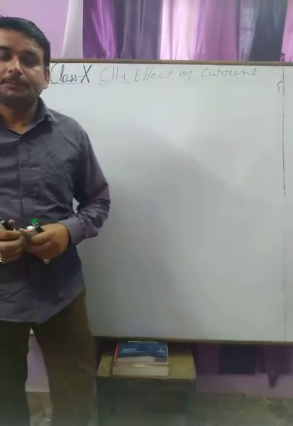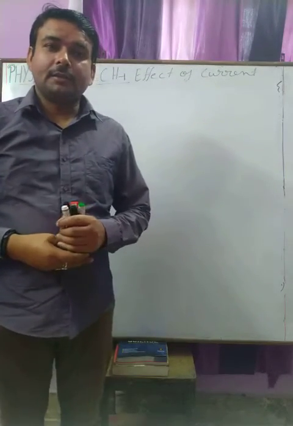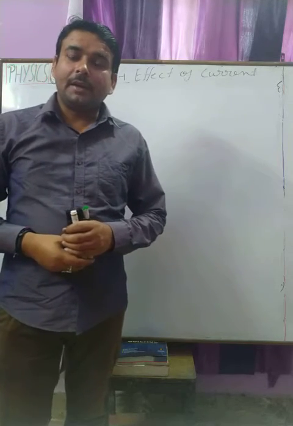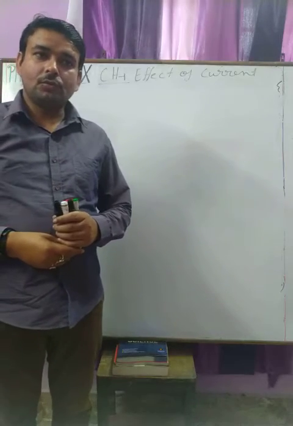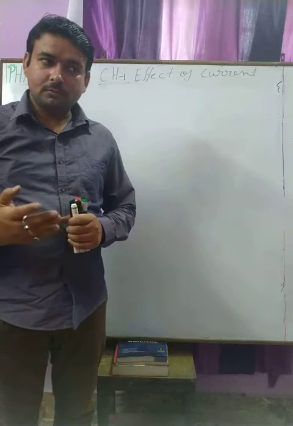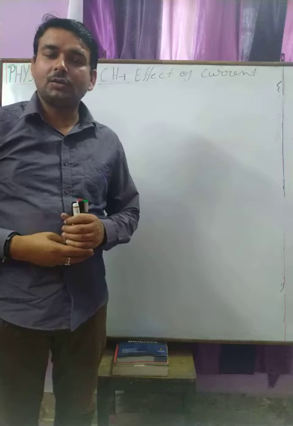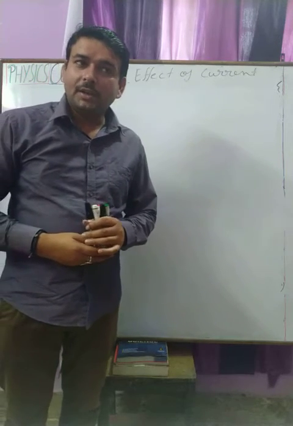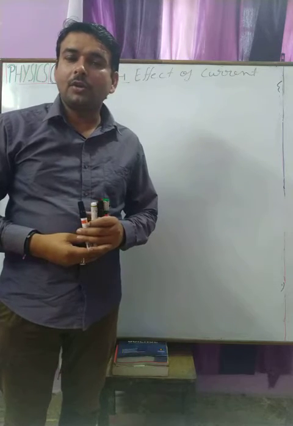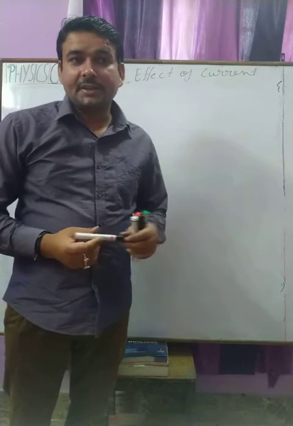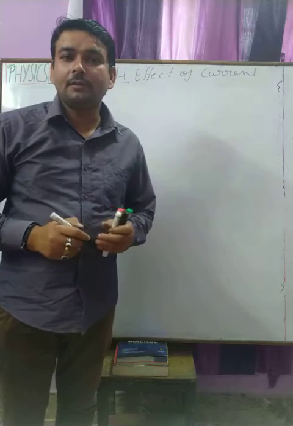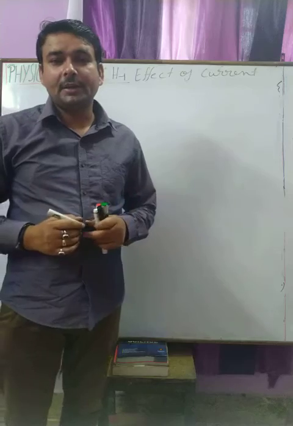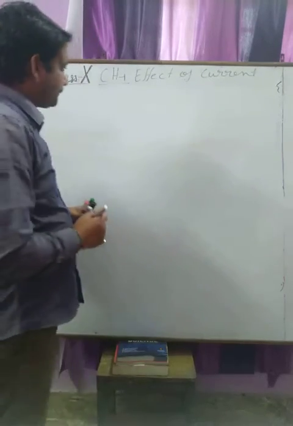Hello student. In the last lecture we discussed Ohm's law, and on the basis of Ohm's law we learned about the physical quantity resistance. Now we are discussing the origin of resistance, and after that the dependency of resistance on the different characteristics of a conductor.